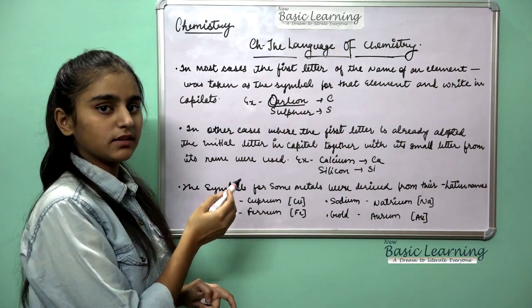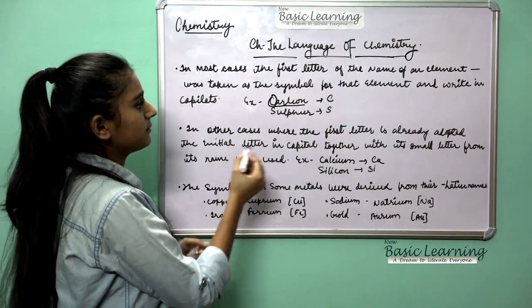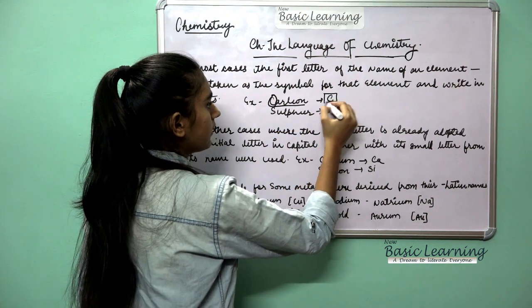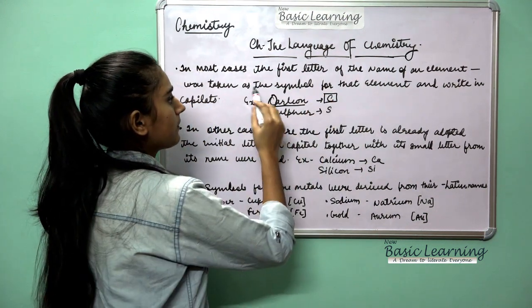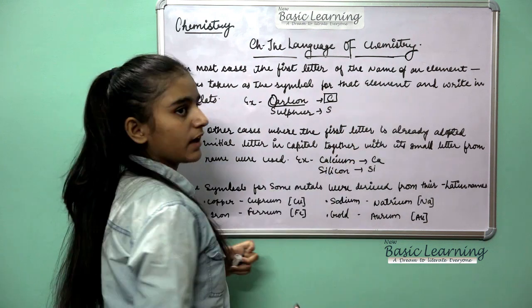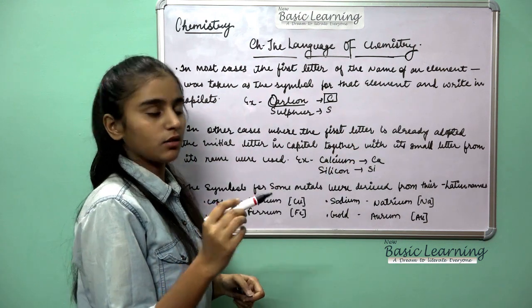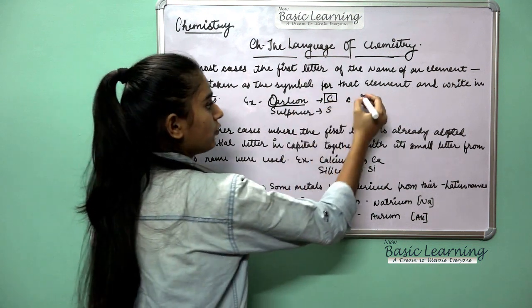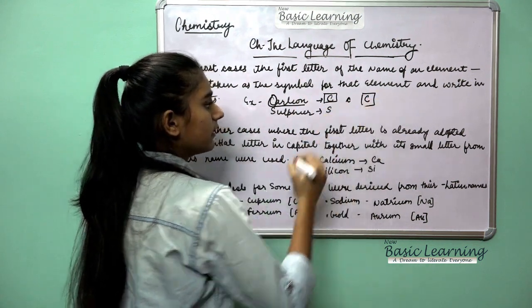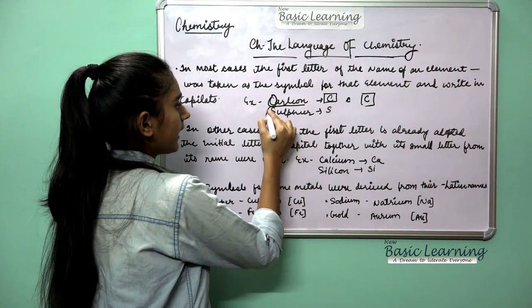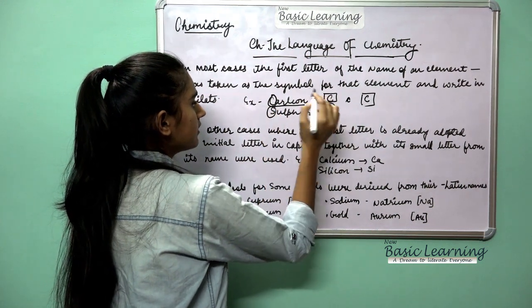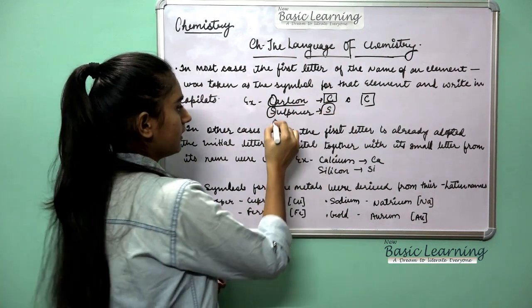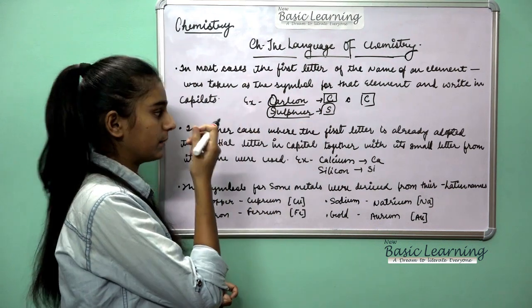This is the symbol of carbon, C. You cannot write this as a small letter c; you have to write it in capital letter. Sulfur also, the S is written in capital letter.